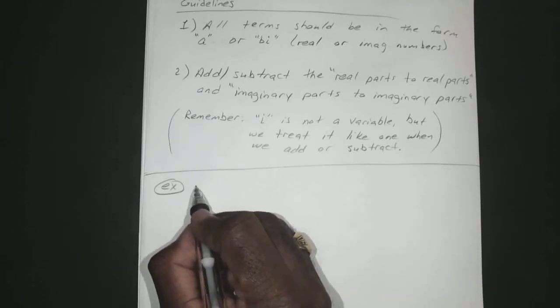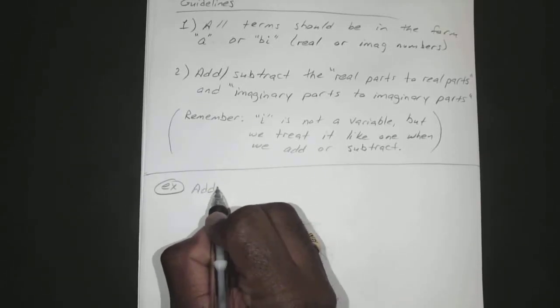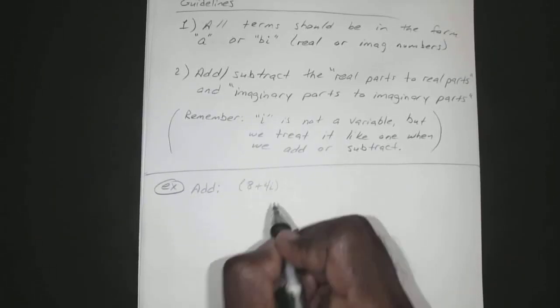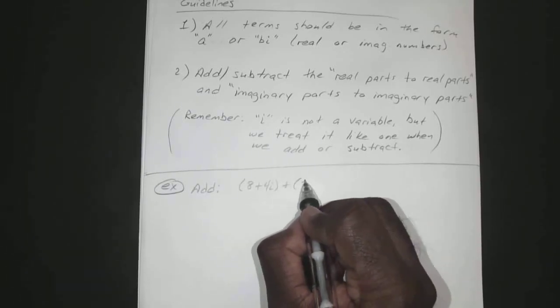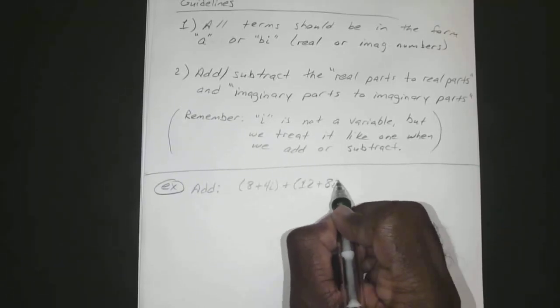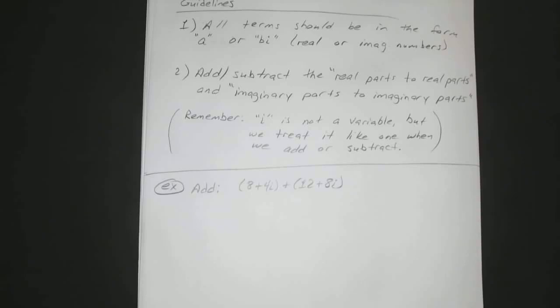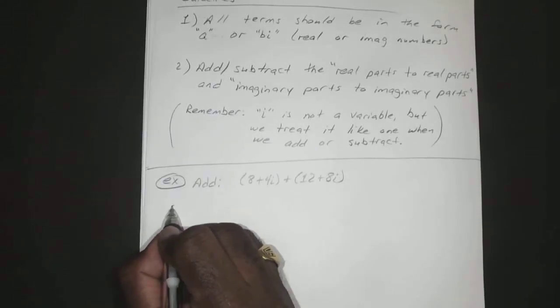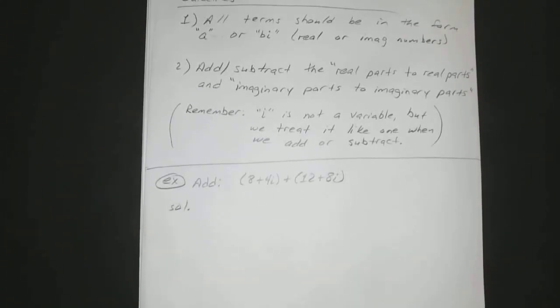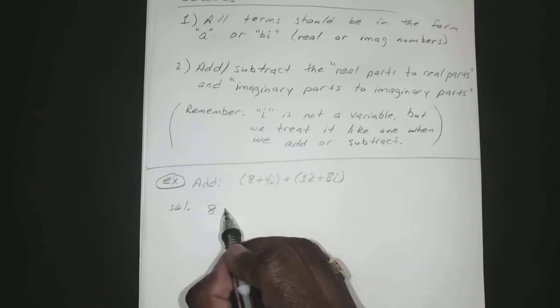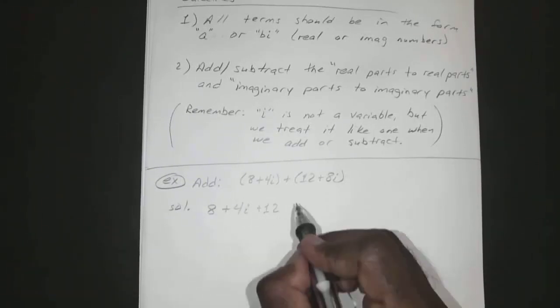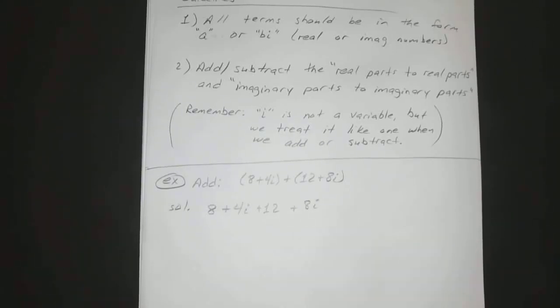Okay, so let's say, for example, we wanted to add 8 plus 4i plus 12 plus 8i. Okay, so this is all addition, so we can just drop the parentheses. So that's pretty much just 8 plus 4i plus 12 plus 8i.